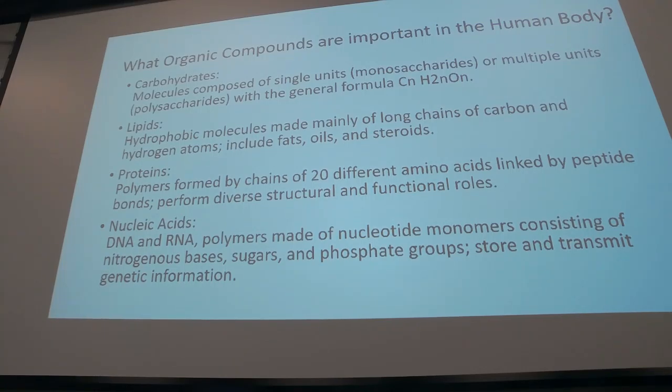Or if it's DNA or RNA, it will be the nucleotide bases: adenine, thymine, cytosine, guanine. If it's RNA, you will have uracil. But basically, this is a polymer. The individual units are the monomers. So then you start breaking them, that's a catabolic reaction.